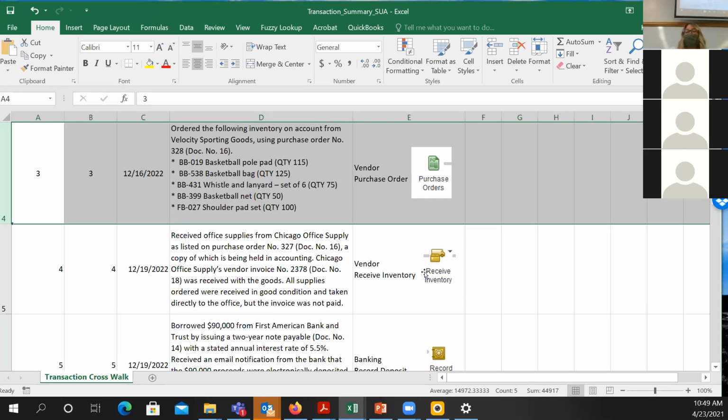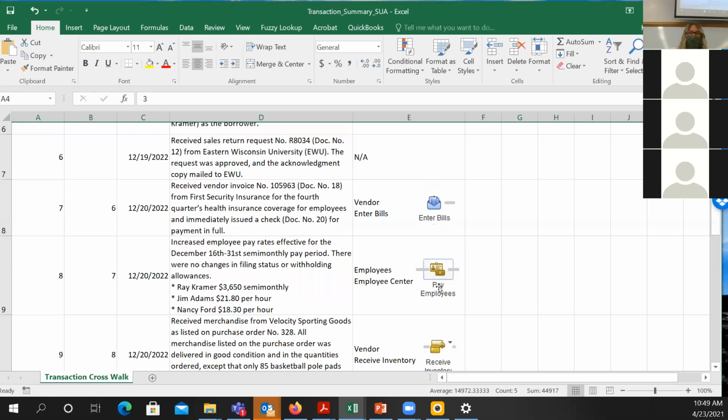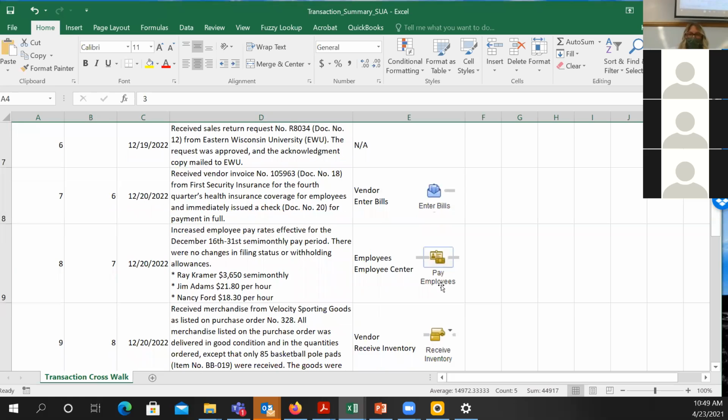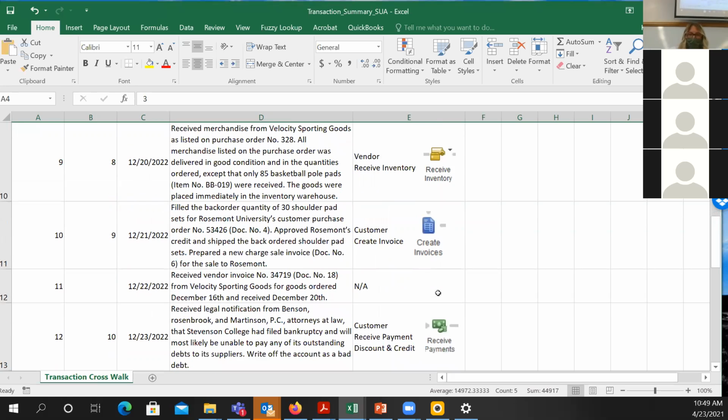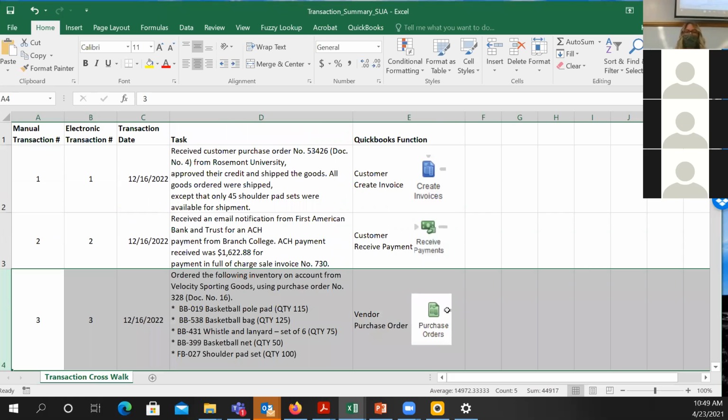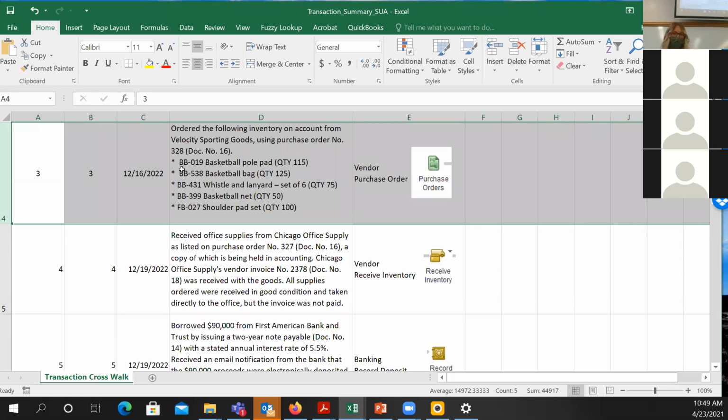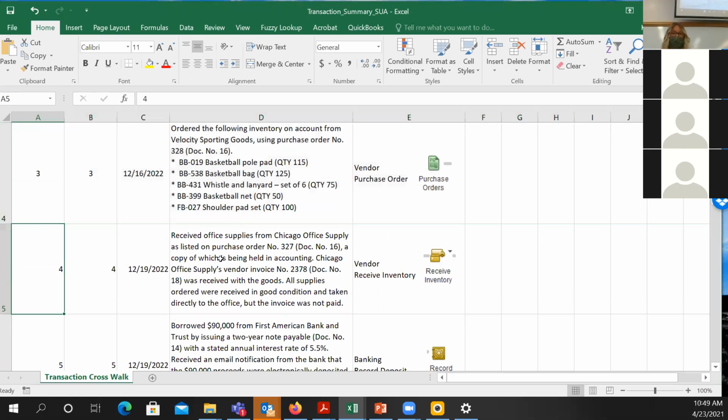Here with the receive inventory, before when we were shipping it, we would, I forget which one we did. Oh, we do like the receive payment item there when we indicated that our customer had the goods. When you are receiving here, you would go to vendor receive inventory or just click the button that says receive inventory.